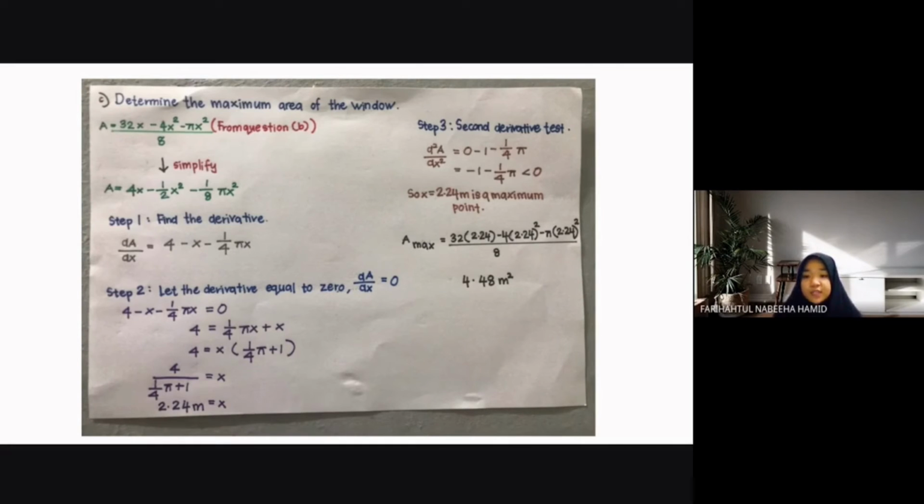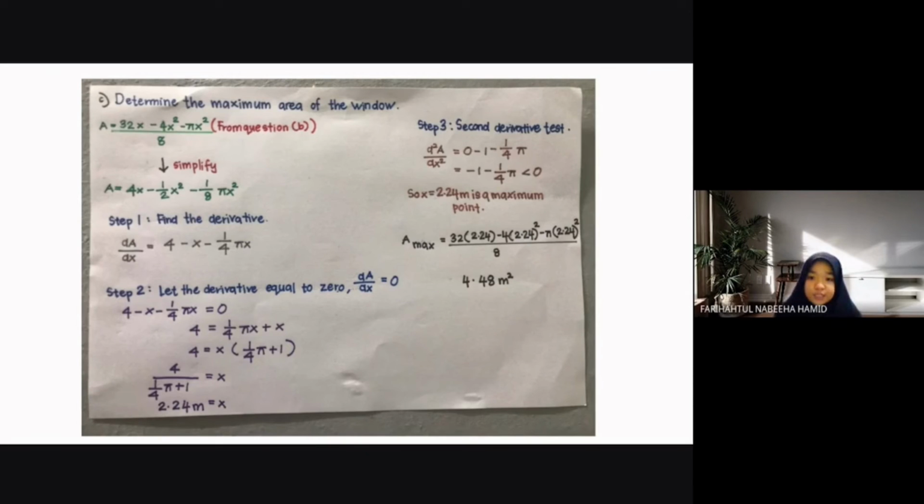This will get d square A over dx square equal to minus 1 over 4 pi, which is smaller than 0 for all x. This means it is a maximum point. So, the maximum area occurs when x equal to 2.24 meter.